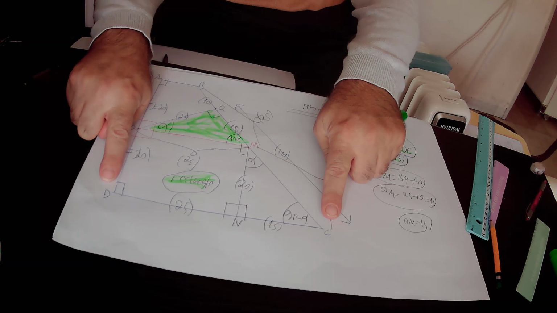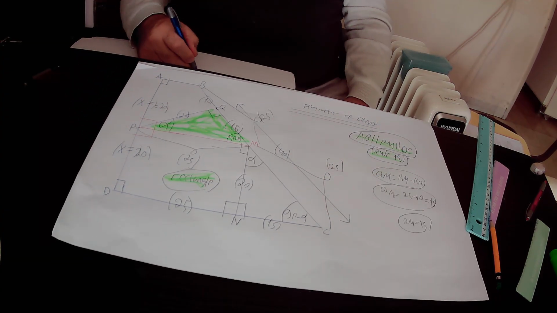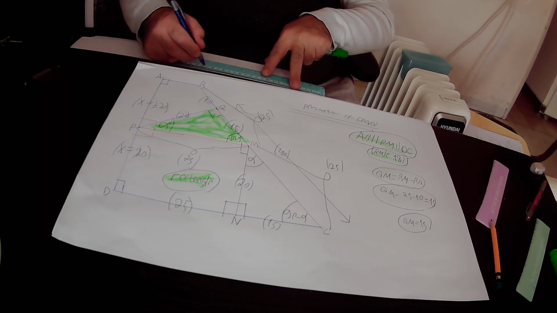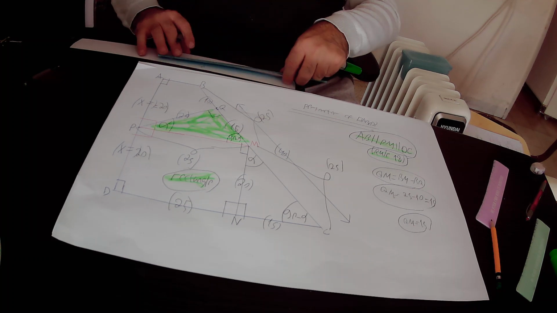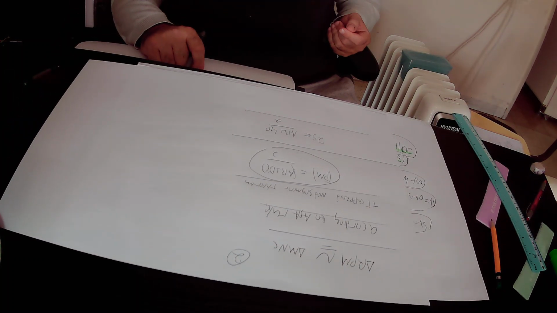So DC in total equals 25 plus 15, that is 40. So in conclusion, we have found out that according to the trapezoid mid-segment theorem, 25 equals AB plus 40 over 2.